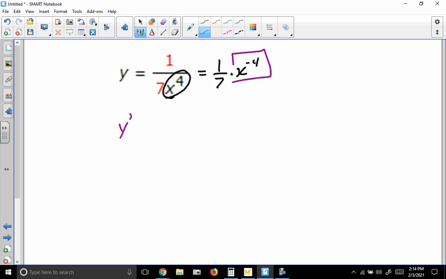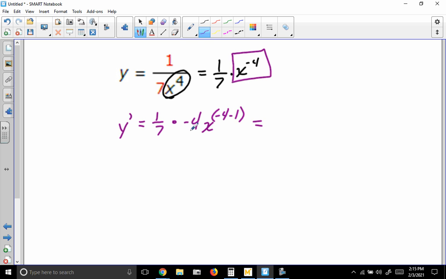So our rule says that if we can take the derivative of part of that, and then we have a coefficient, we leave the coefficient alone, and then we take the derivative of the function part. So this is the power rule. Bring the exponent down front, x to the 1 less power. So take away 1 from the exponent.